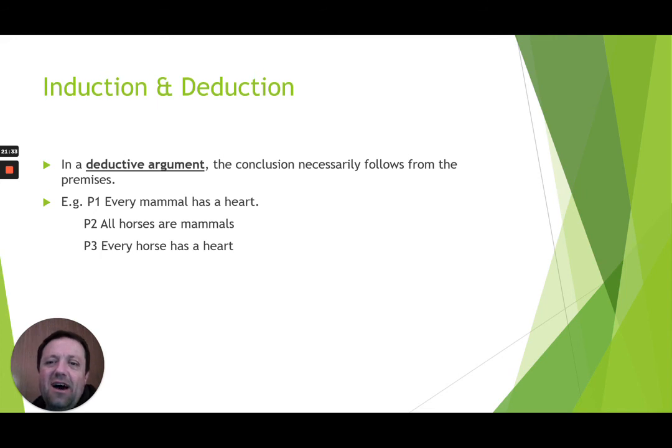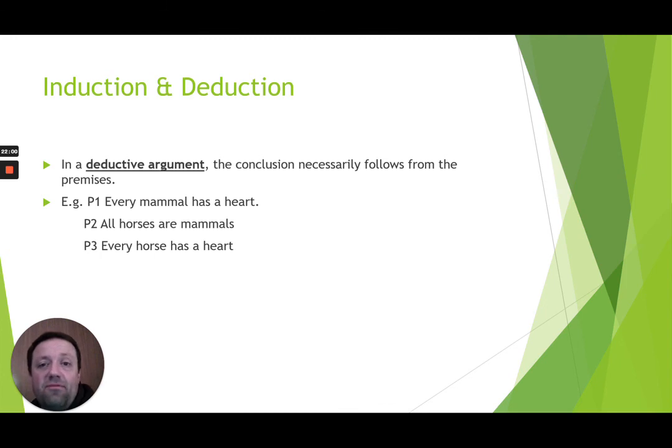So you've got this rather inconvenient setup where induction is the method by which we attain most of our knowledge through science, but it suffers from the problem of induction, so it's fallible. And deduction is a method of argument where the conclusion necessarily follows from the premises, so the conclusion is guaranteed to be true if both the premises are true.